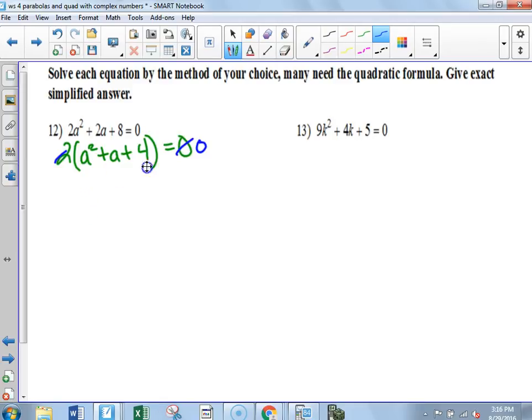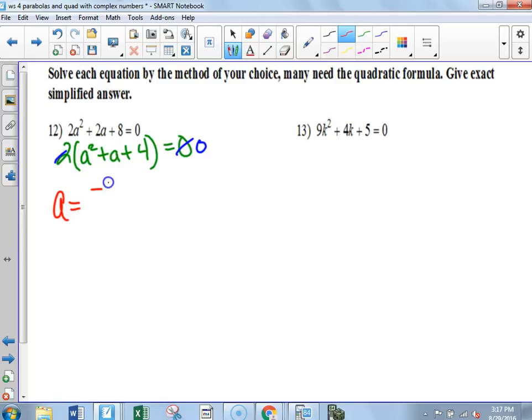Okay. Does that factor? Factors of 4 that make 1? No. So what's our next choice? Yeah, quadratic formula. I don't think you want to do completing the square just because you would have a 1/2 in here then, right? You could do that, but you're not going to get to use the program on Wednesday when you take the quiz, so it's great practice. a equals the opposite of what?